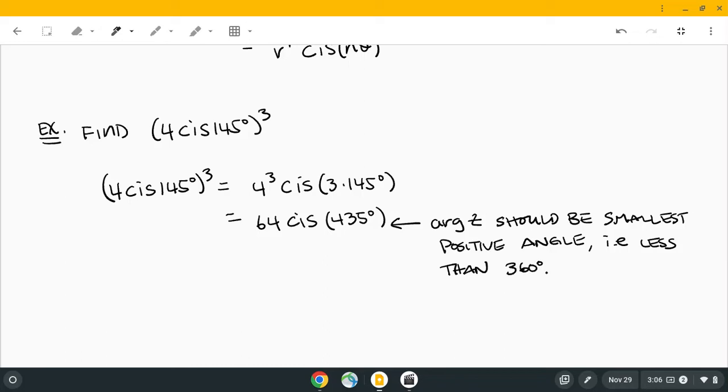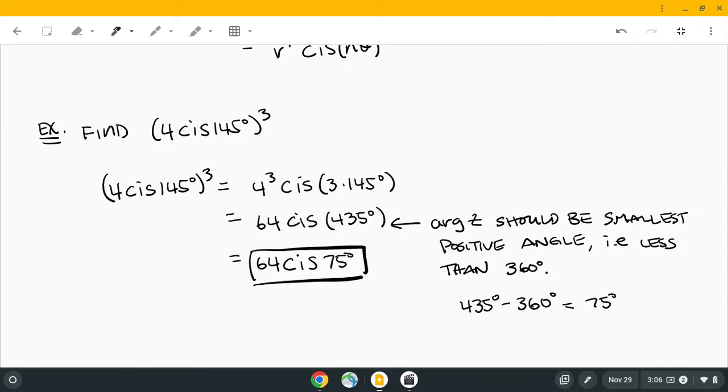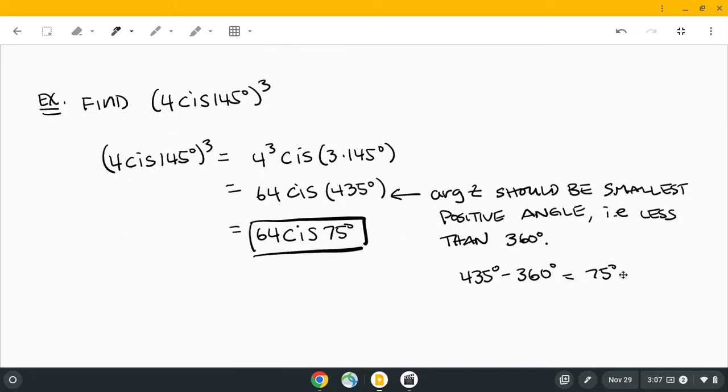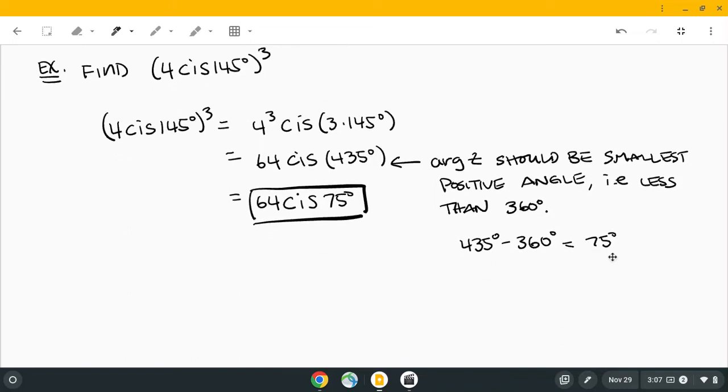So let's take that 435 degrees and subtract 360 to get the coterminal angle. The coterminal angle is 75. So here, the answer would be 64 cis 75 degrees, because we want the smallest positive angle, so it should be somewhere between 0 and 360.